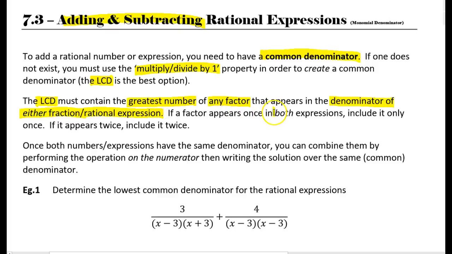If it appears in both expressions, you must include it only once for each time that it appears in both. Once both numbers or expressions have the same denominator, then we can do our adding and subtracting just like we would with fractions, and this is only done on the numerator, and the denominator doesn't change after that part.